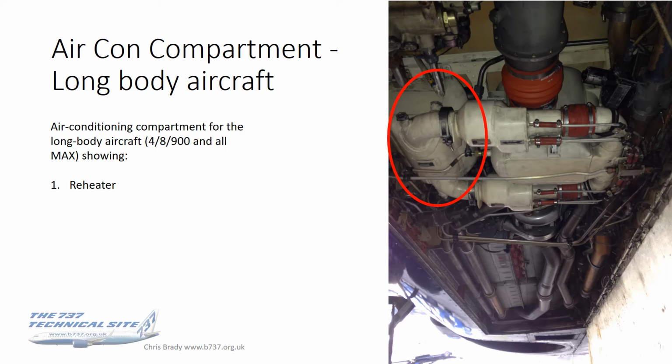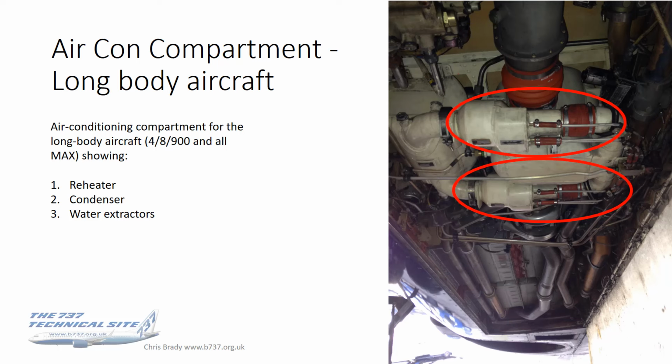On the long-bodied aircraft, there are some differences. The first item I've got highlighted there is the reheater, and that is the condenser. Surrounding the condenser, there are two water extractors, and those are three, four units, depending how you count them.